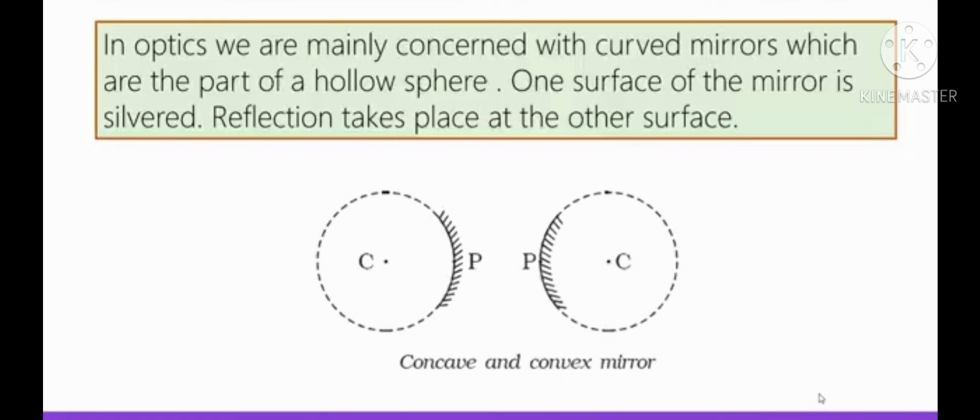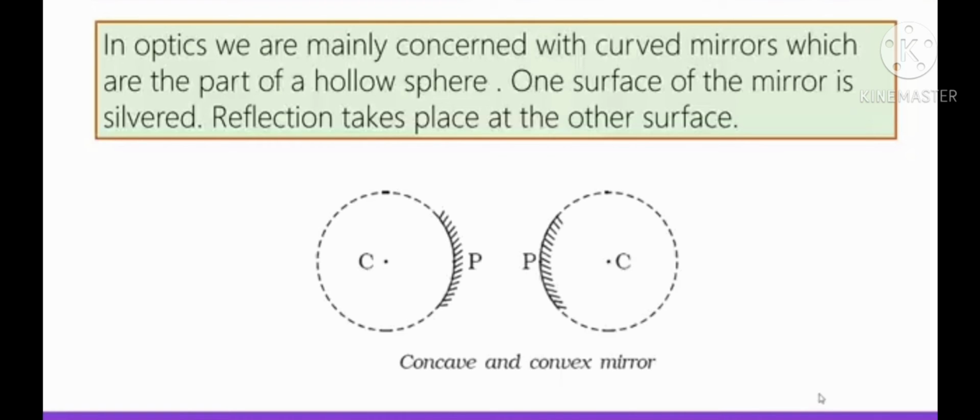Observe the figure. Here we can see that in the convex mirror, the concave surface is filled with small crossed lines. These crossed lines show the silvering. In the concave mirror, the convex surface is filled with crossed lines. These crossed lines are the silvered surface. The other surface is the reflecting surface.